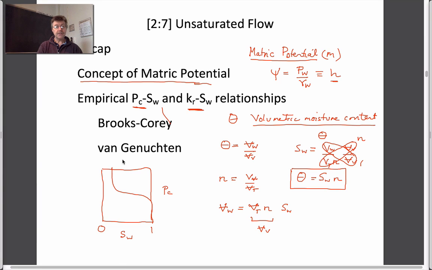If we then plotted this against volumetric moisture content, then this upper limit here would be porosity, and this lower limit also would be 0. And the vertical axis would be, I guess this is actually the negative water pressure, but it's really the capillary pressure. And so this would be equal to matrix potential.